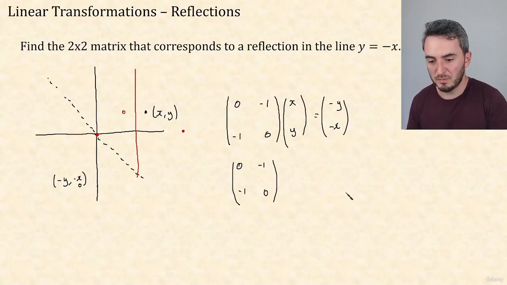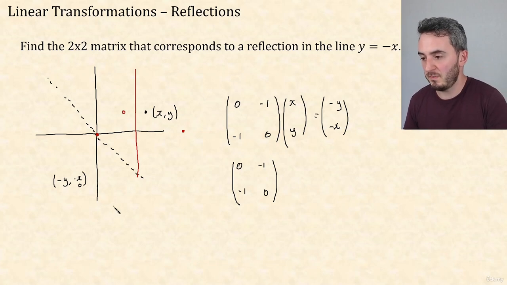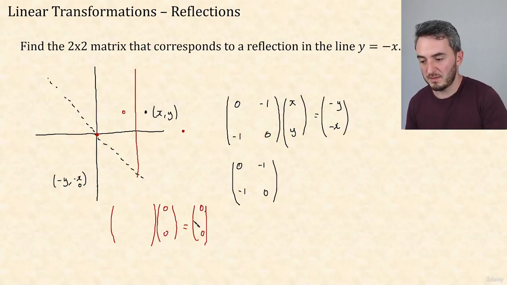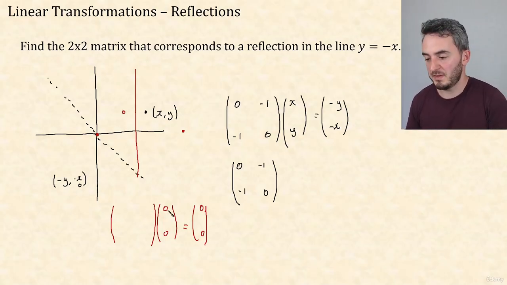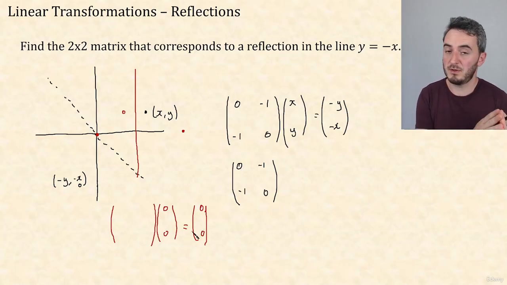Well, it's impossible because one really important, somewhat obvious idea in matrices is that if you take a matrix and you multiply it by the origin, you always end up at the origin, because something times 0 plus something times 0 has to be 0, and something times 0 plus something times 0 has to be 0. So the origin is always an invariant point, which means any reflection has to be in a line that runs through the origin.